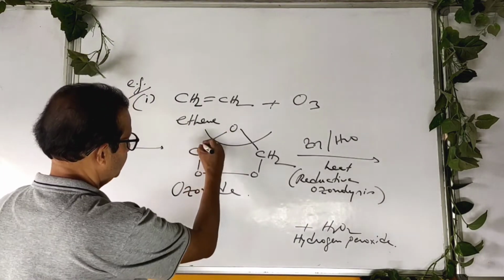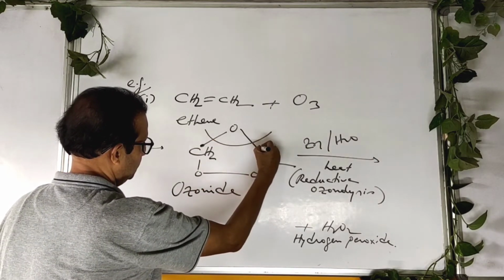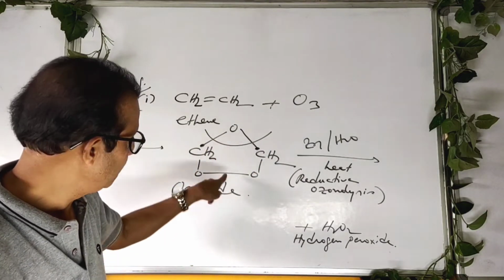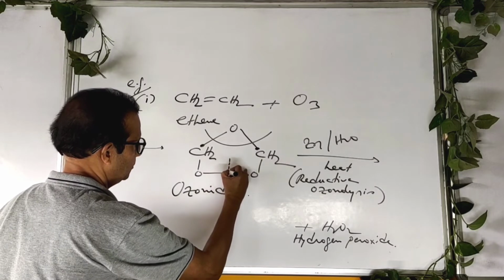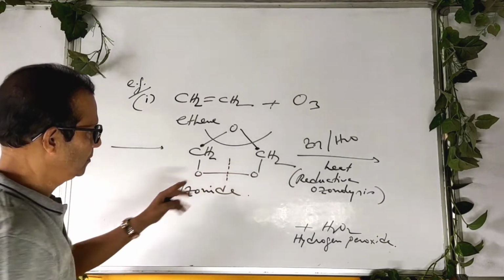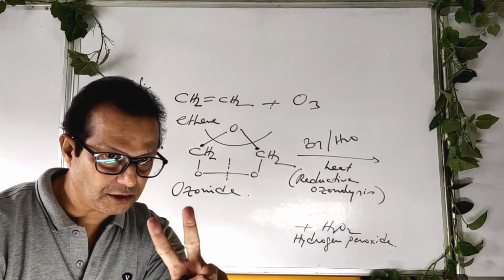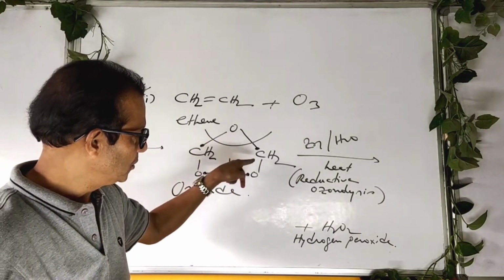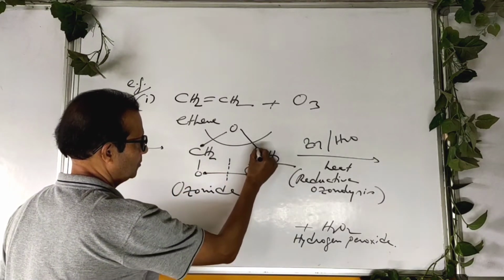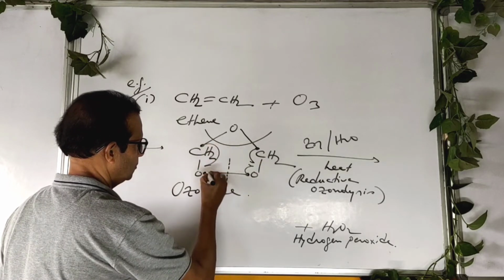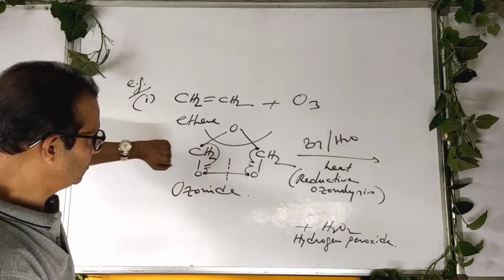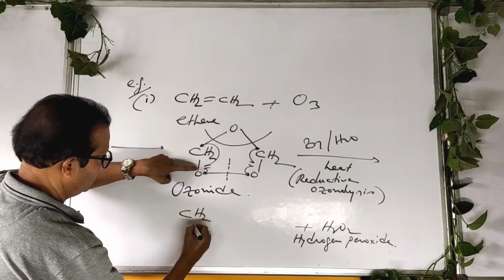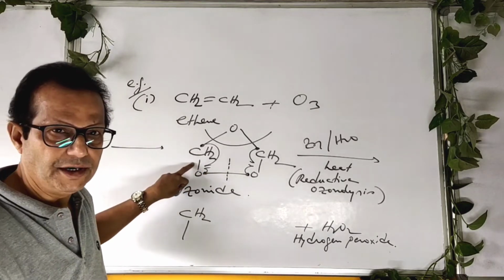Now, mention the electrons of this bond. Now, break the bond. You know that any bond contains 2 electrons. A single bond is already there.